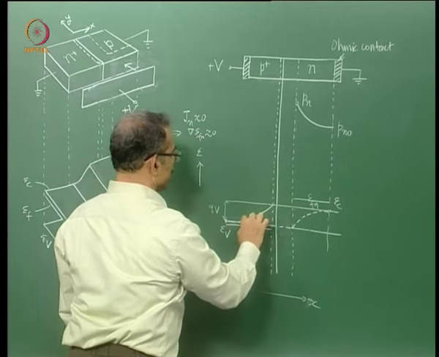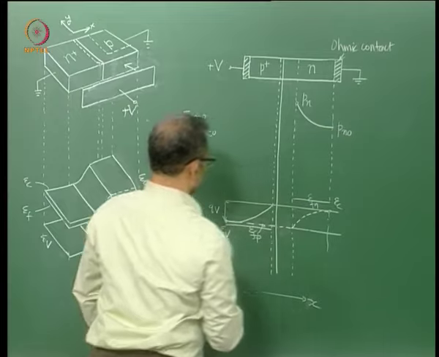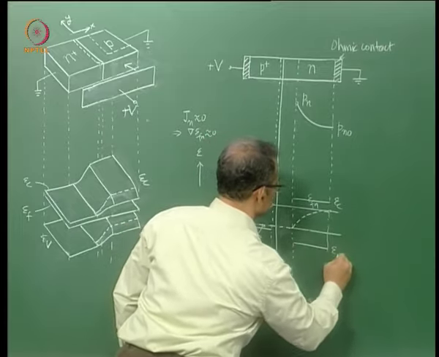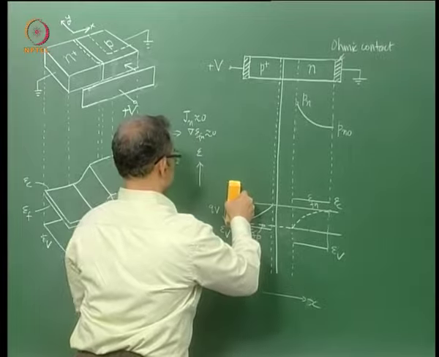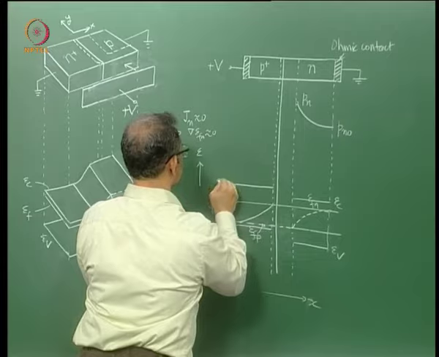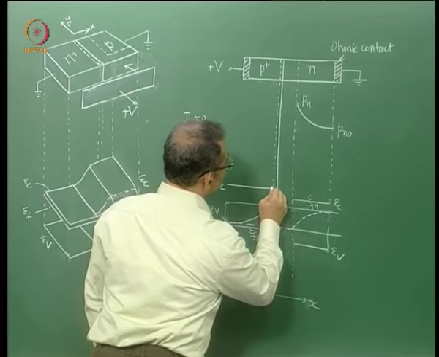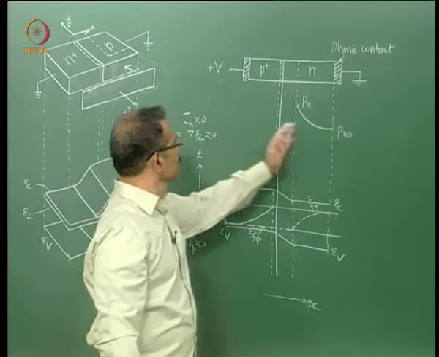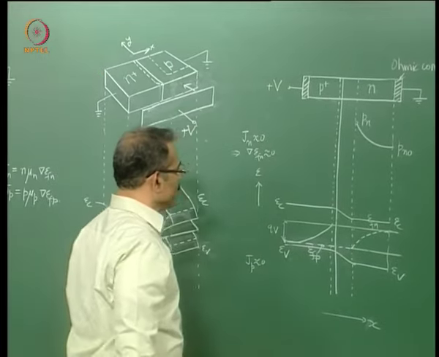This distance is more than this distance because this is lightly doped region. Then I can plot EV here and EC here. Then I can complete the picture because again it is a homojunction. I do not plot E0, EC and EV have to be continuous lines.